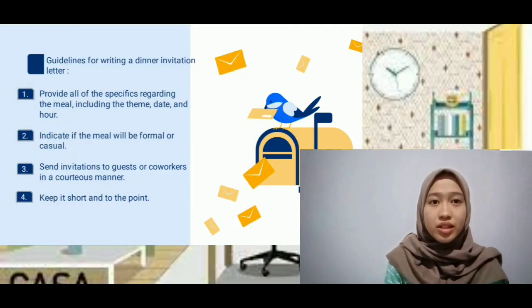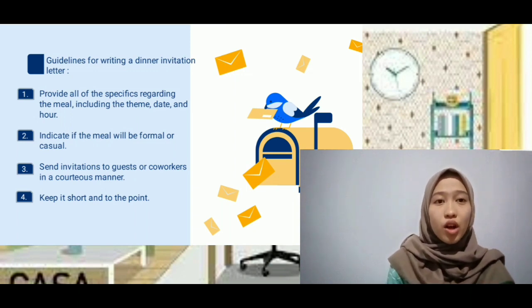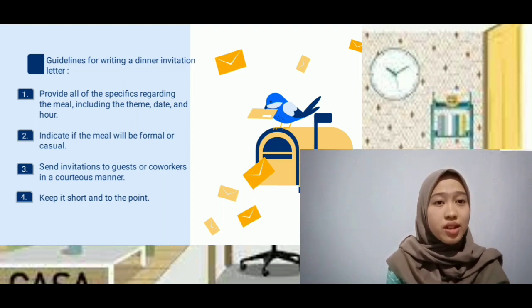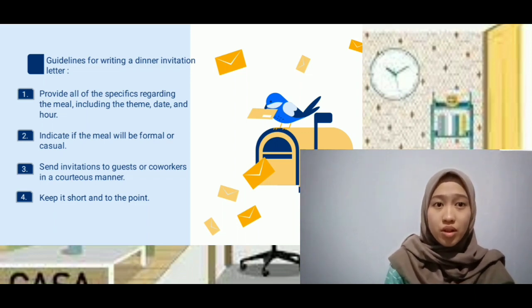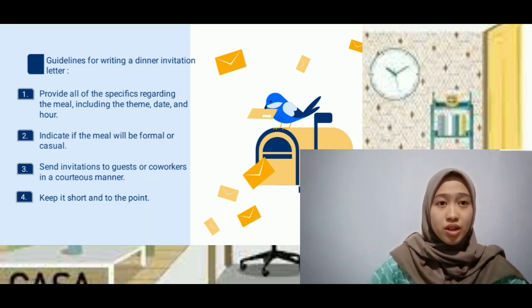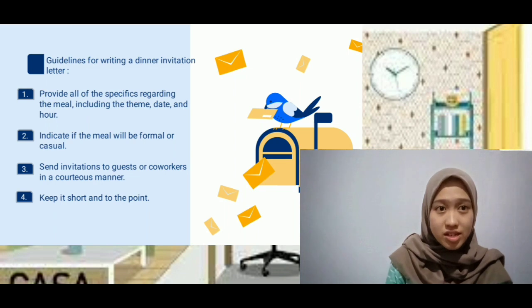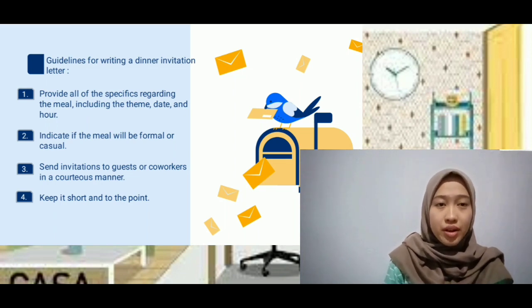Guidelines for writing a dinner invitation letter. The first is provide all of the specifics regarding the meal, including the time, date, and hour. The second, indicate if the meal will be formal or casual. The third, send invitations to guests or co-workers in a courteous manner.